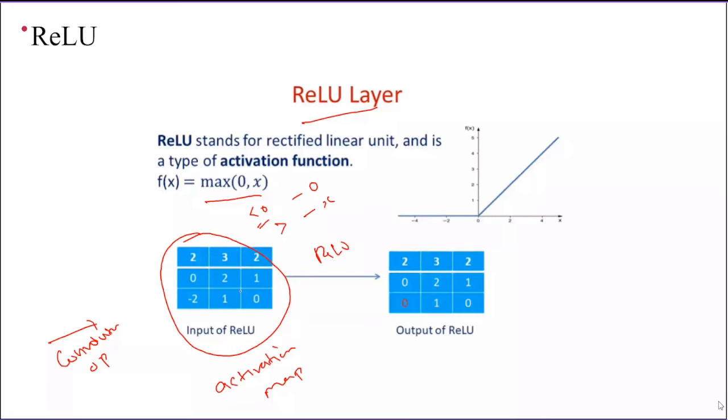If it is a negative value, it will be turned into 0. The pixel value will be turned into 0. If it is a positive value, it will be considered as it is. So 2, 3, 2 will be considered as they are, whereas here -2 will be treated as 0.